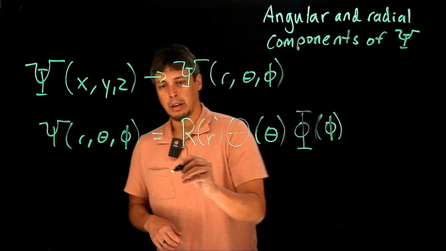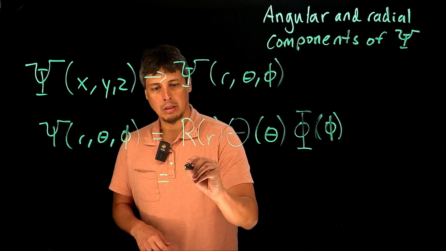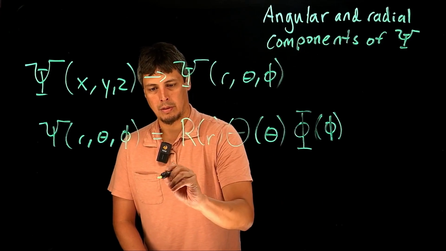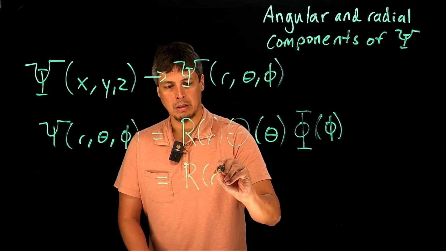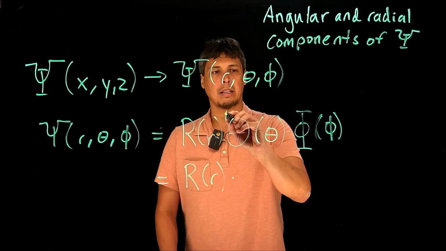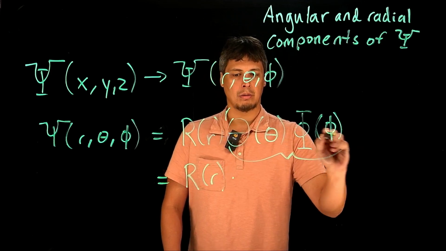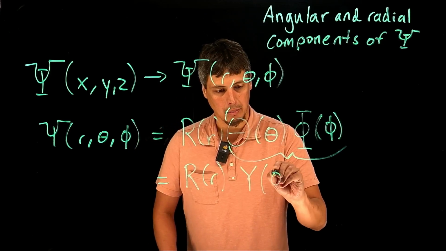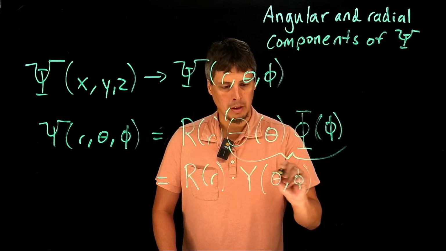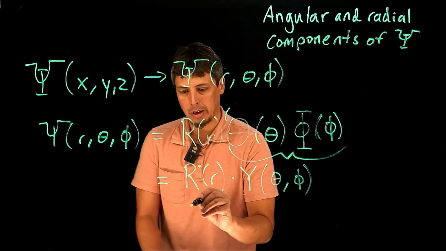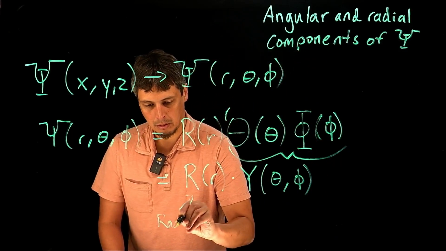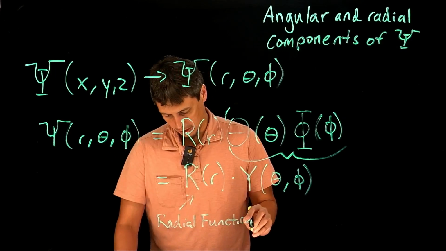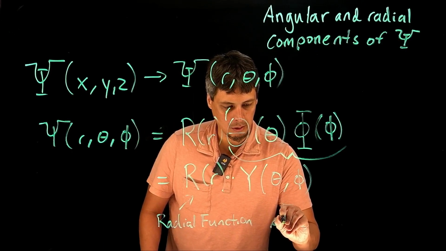In fact, what we end up doing is we take out the radial part, which is dependent on the radius, okay, and we combine these two functions into a singular function which we call big Y, which is dependent on both theta and phi, okay? And so we call this the radial function. And we call this the angular function.